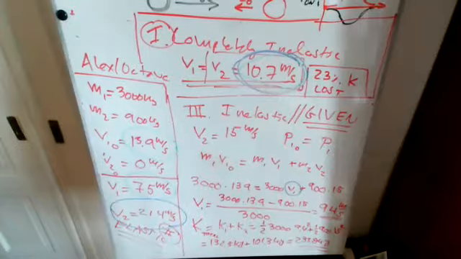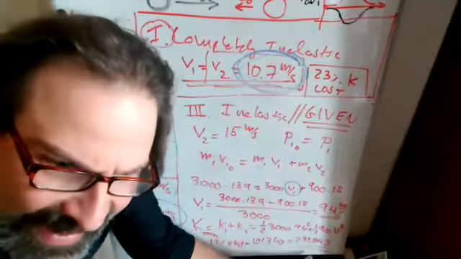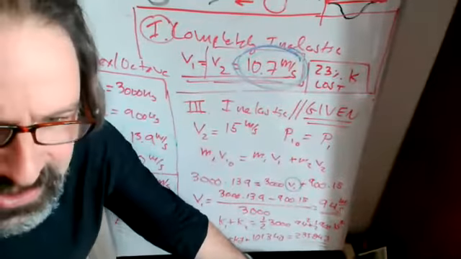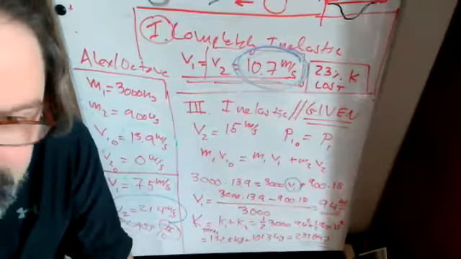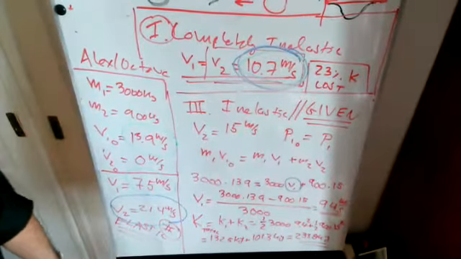Okay, so let's take a look. We have 233.8 kilojoules, so the energy is not conserved, because we started with 290 kilojoules initially, and some of that energy was lost.